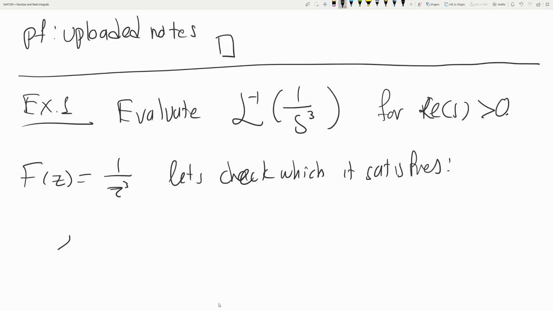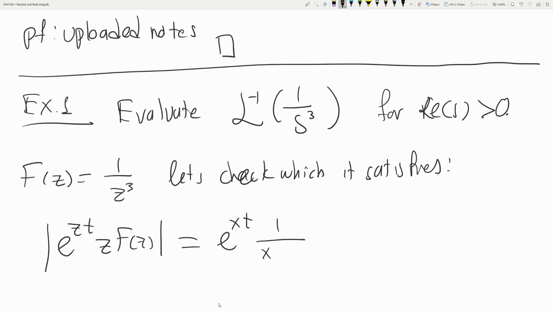We had e to the zt, z, times the function. This is e to the xt, and then the z cancels out, so you have 1 over (x plus iy) squared.